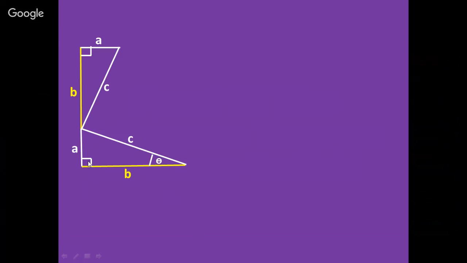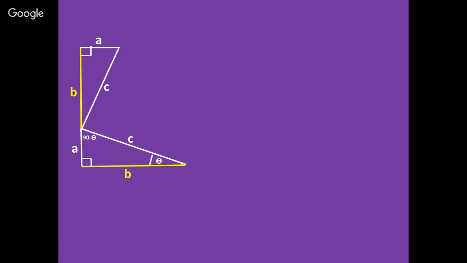So if this is 90 degrees, this angle and this angle must add up to 90 degrees. So if this is theta, this angle will be 90 minus theta.